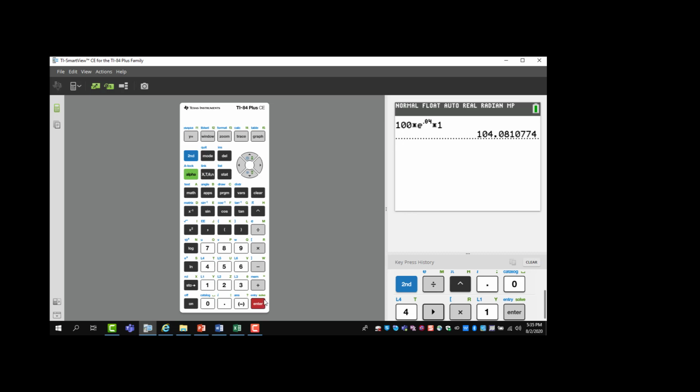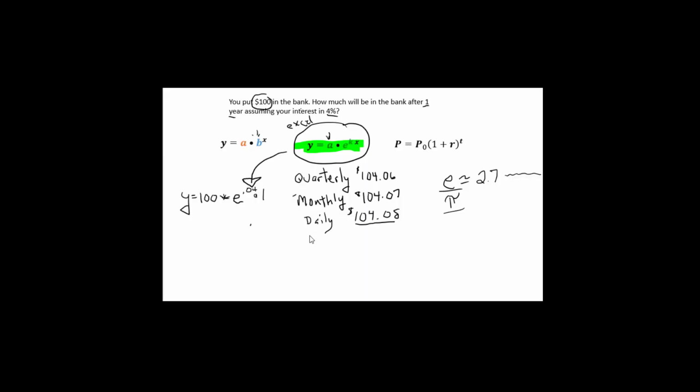And I'm getting $104.08. So with our infinite compounding at 4% per 1 year, we got $104.081. So a little teeny bit more than daily compounding.